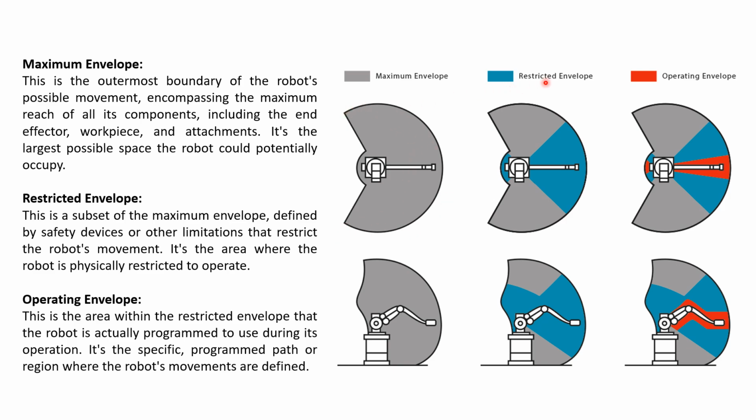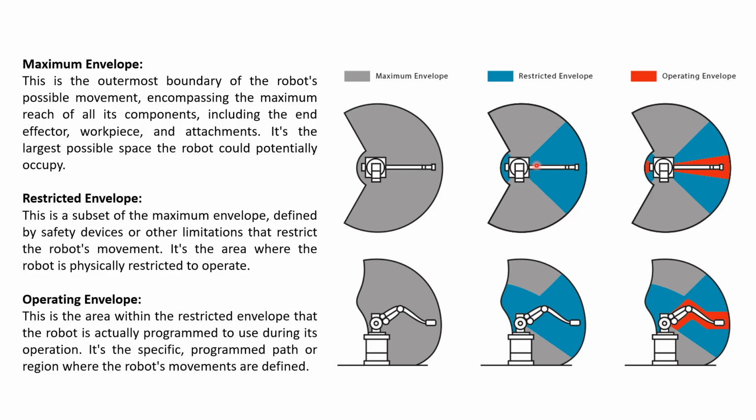Then comes the restricted envelope. This is a subset of the maximum envelope, and it is defined by safety devices or other limitations that restrict the movement of the robot in this space. It is the area where the robot is physically restricted to operate, just what we discussed.